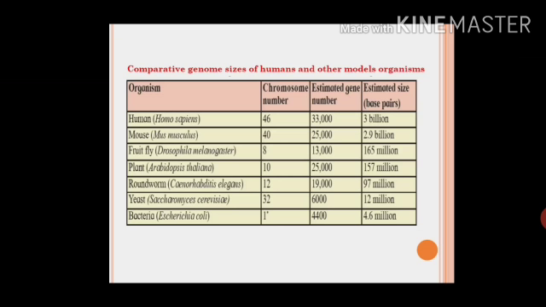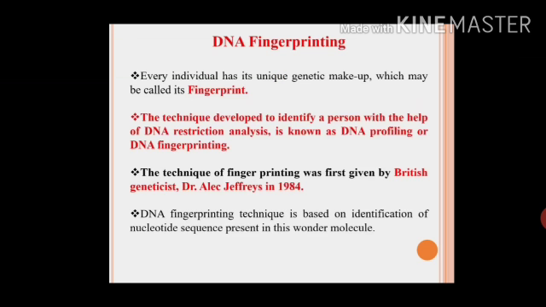See in the slide. Now, next interesting point is DNA fingerprinting. We know genes present on chromosomes are responsible for determining characters of the organisms as well as for inheritance of characters.